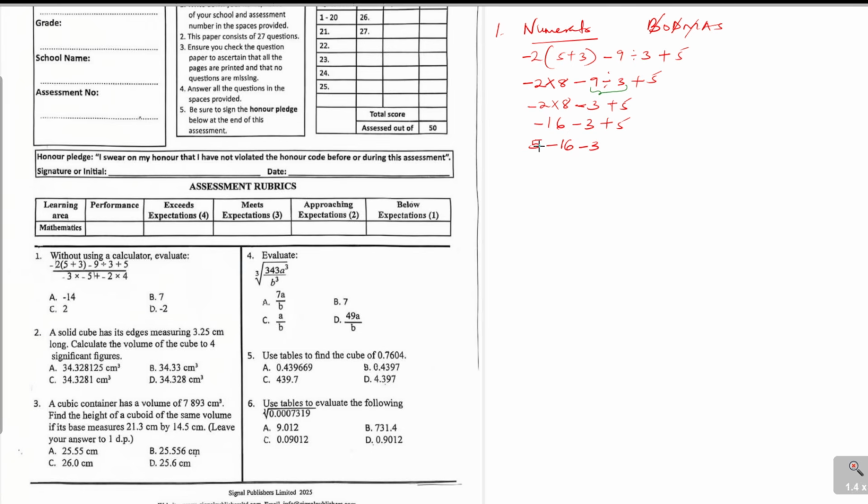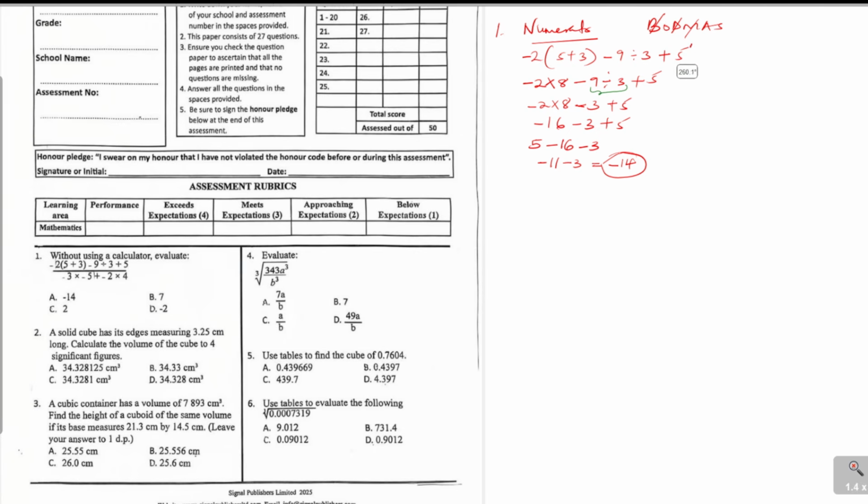We start with that. 5 subtract 16 will give negative 11. Then you subtract 3. Negative 11 subtract 3 will give negative 14. And that is the solution for that numerator.